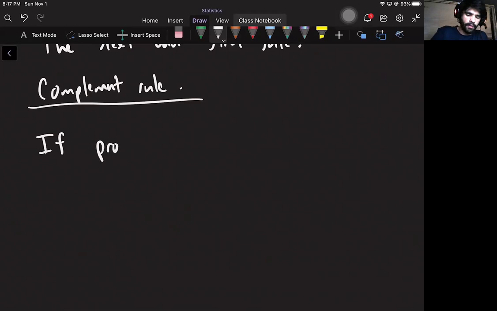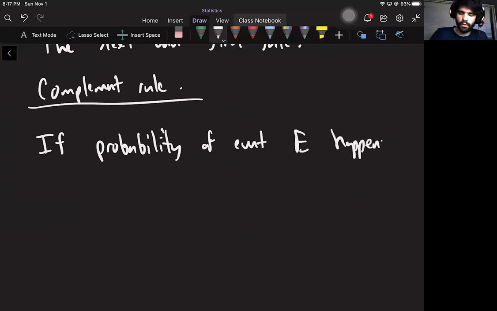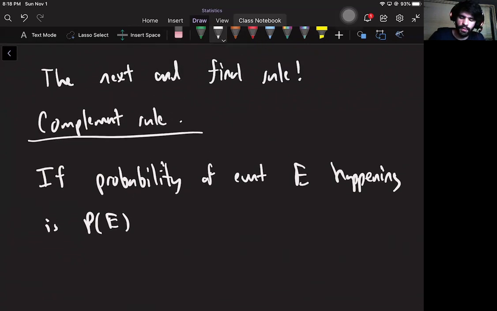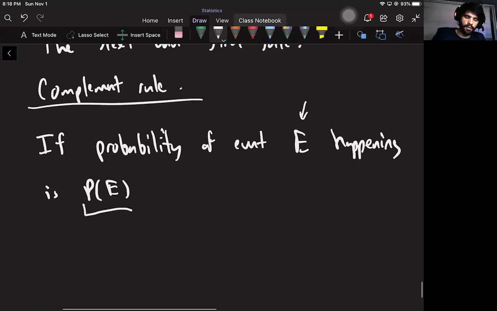If the probability of event E happening or occurring, however you want to say it, is some number, P of E, you could just pretend for now that this is specifically some number, maybe like 1/3.